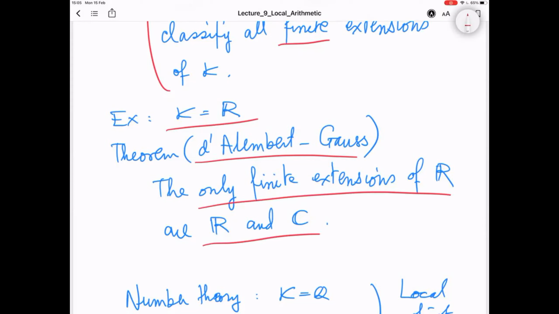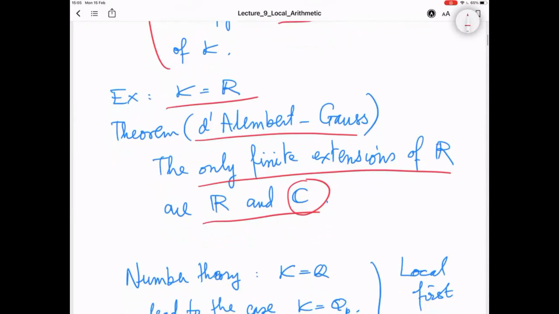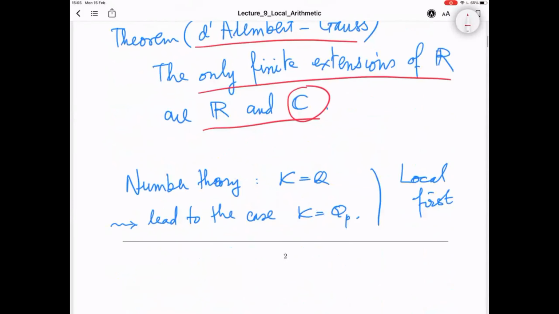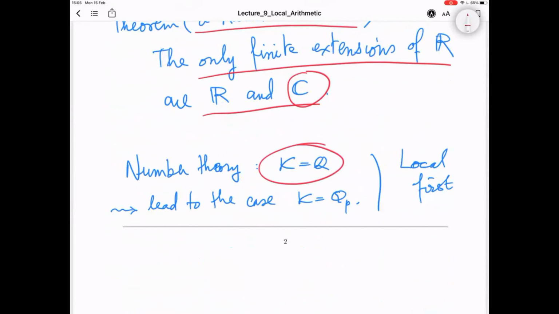So that's another way of saying that the field C is algebraically closed. The only finite extensions of R, the field of real numbers, are the field R itself and the field C of complex numbers.